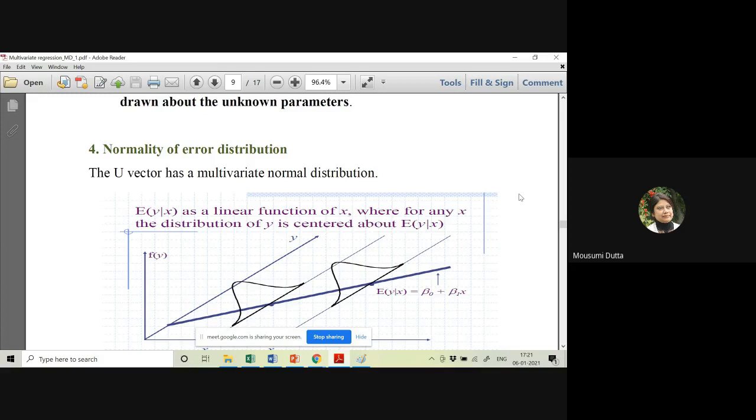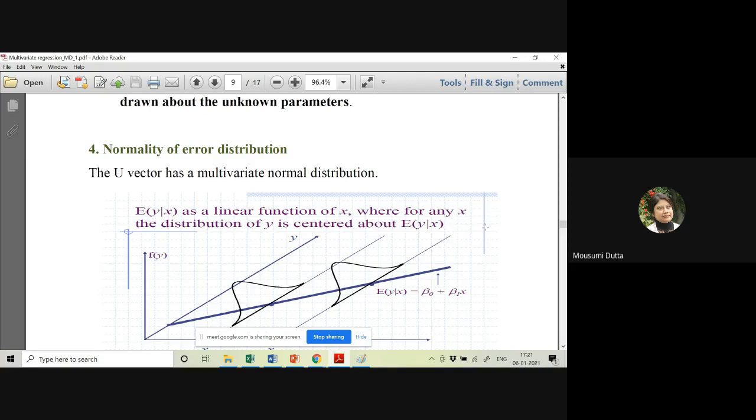All the assumptions I discussed so far are more than sufficient if you want to estimate the unknown parameters. If you use these assumptions, you will be able to estimate the parameters. However, you will not be able to proceed to hypothesis testing. And for hypothesis testing, you need one additional assumption: the assumption of normality of the error distribution.